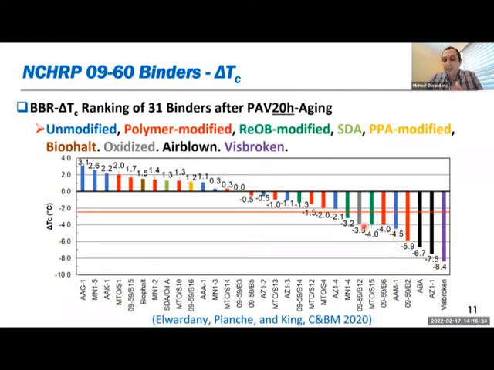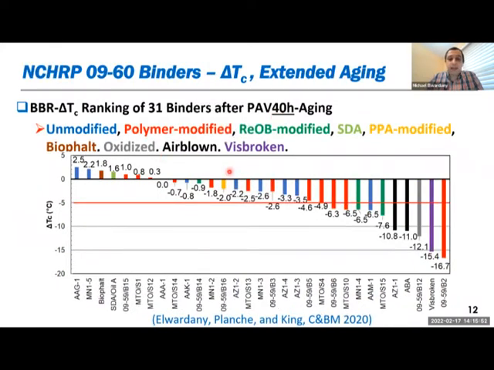So you can see it can capture some of these problematic binders. Basically anything below the line would be rejected and all the binders above the line would be accepted if we use minus 2.5 as our threshold for delta TC after 20 hours of aging.